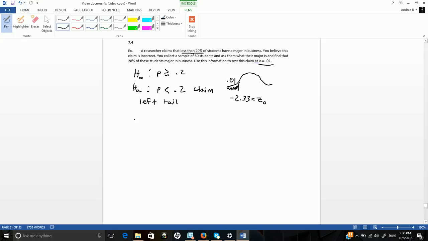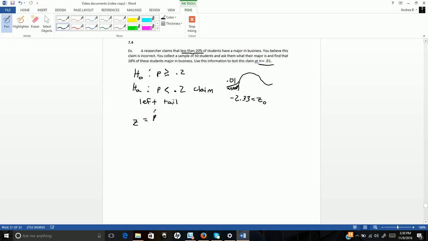And then remember, we also have to go through, for these type of problems, find the z-score. So this test statistic is what this one is called. So to do this here, we have a formula, which will be given to you also if you need it on a quiz or a test.